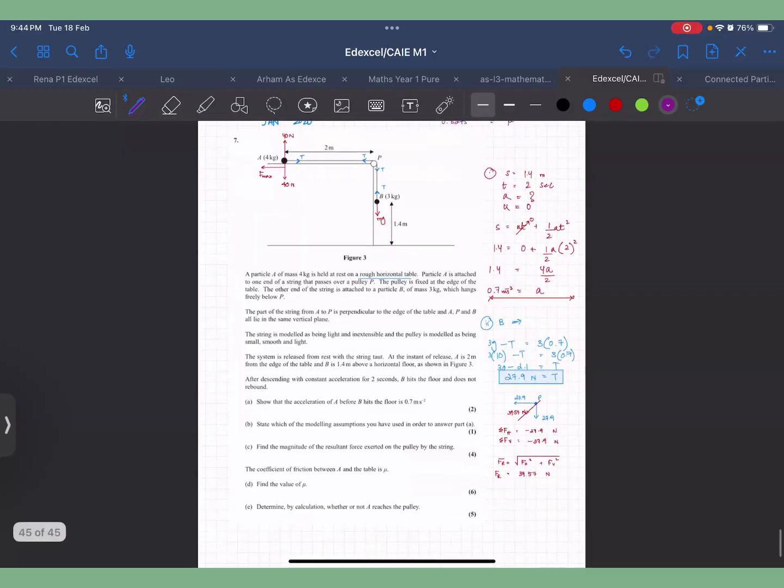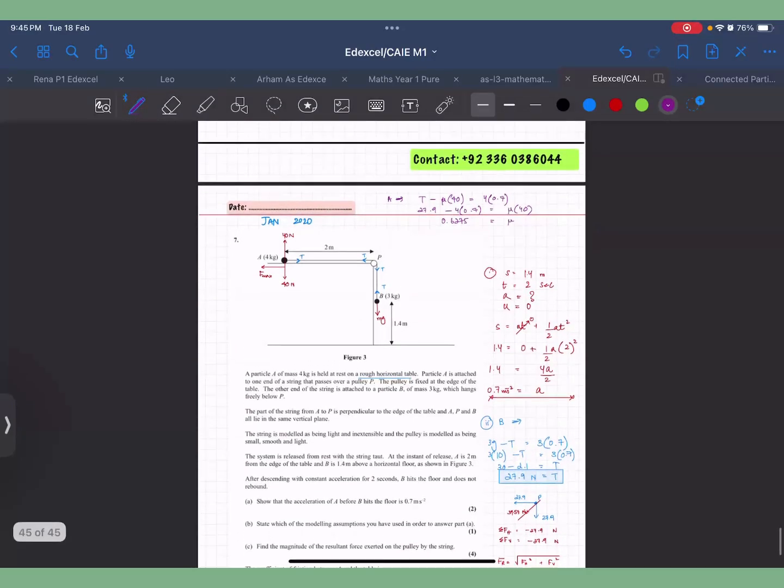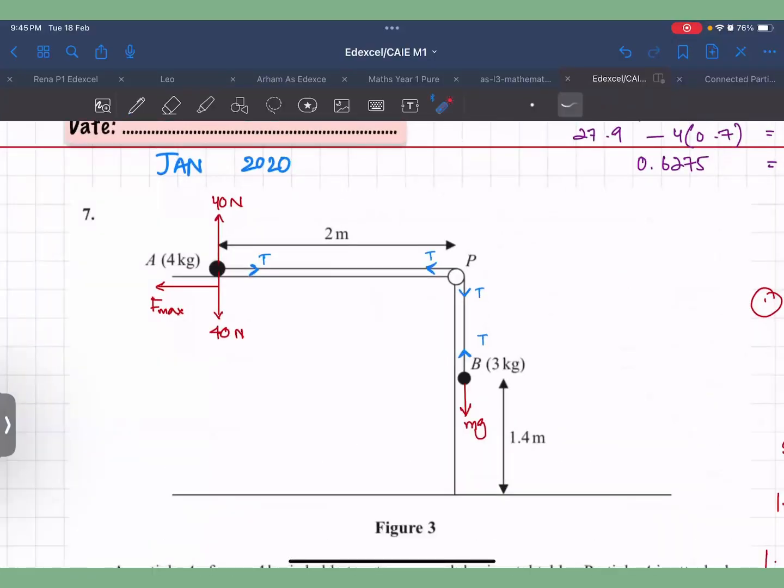Okay, determine by calculation whether or not A reaches the pulley. Okay, we know if this thing is going 1.4 meters down, this would be moving 1.4 meters to the left, right side.